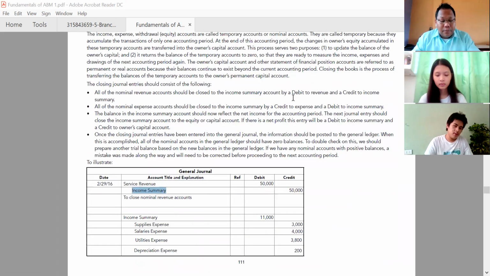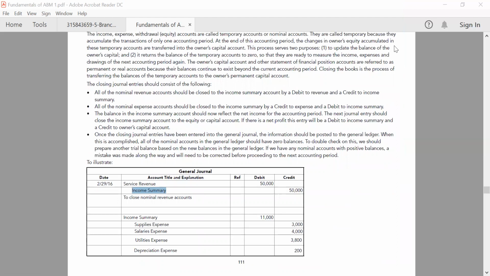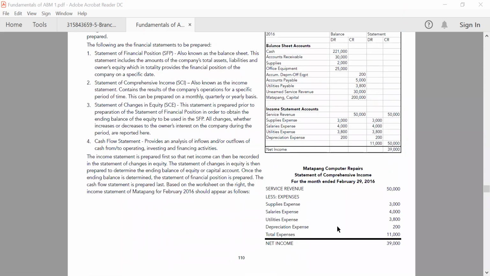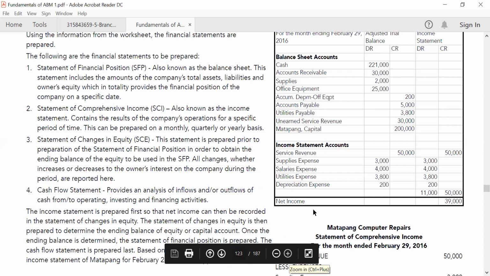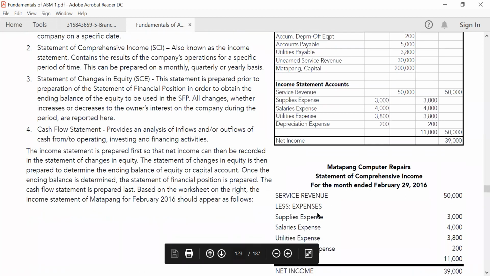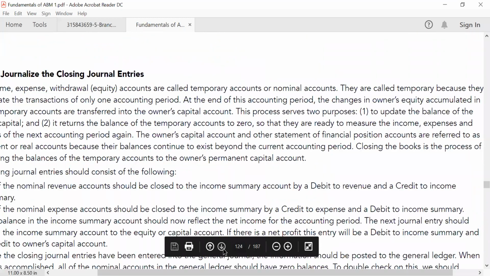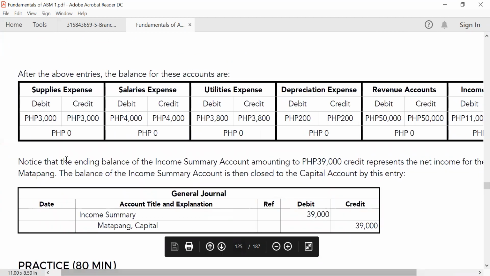In effect, wait, this is the result. Wait, I can't zoom in. In effect, here's the result. Supplies expense brought to zero.